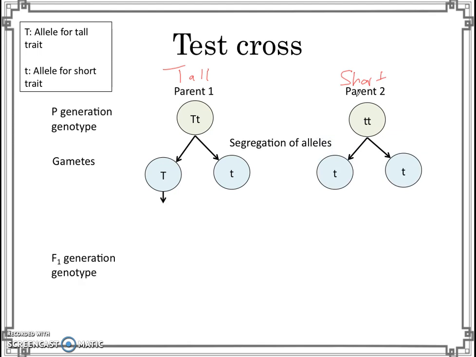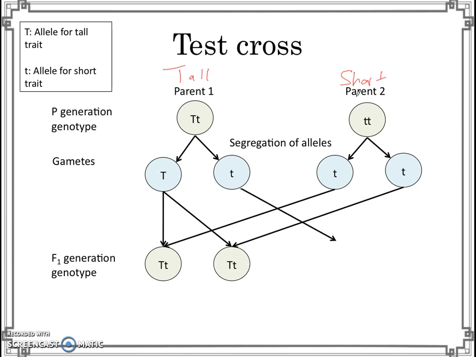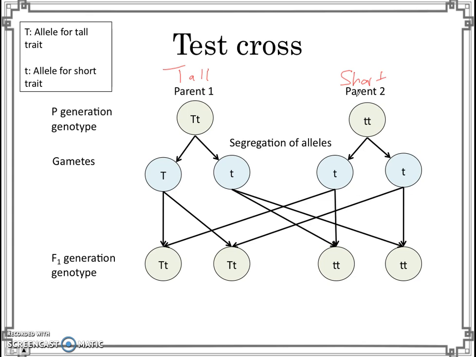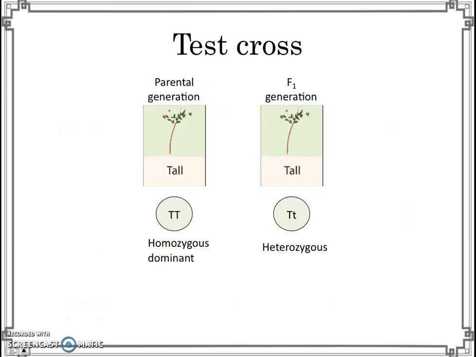So the result is their offspring will have these following genotypes. And you will realize that the phenotype ratio will be 1:1. Half of the offspring will be tall and half of the offspring will be short. A ratio of 1:1.